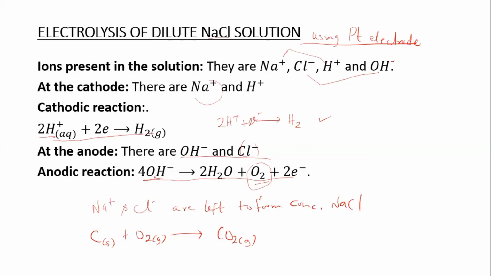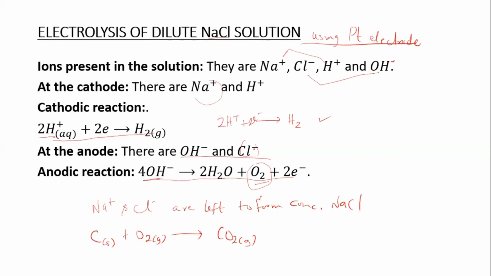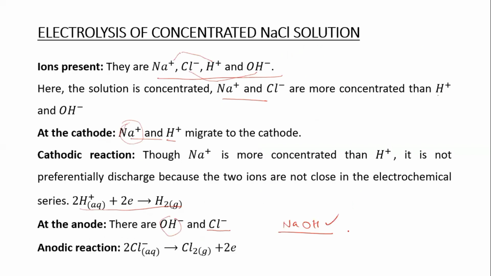But at the anode, here OH- is preferentially discharged, but here chlorine is preferentially discharged due to the concentration effect. And also the resulting solution here is concentrated sodium chloride, while here the resulting solution is a base, sodium hydroxide.